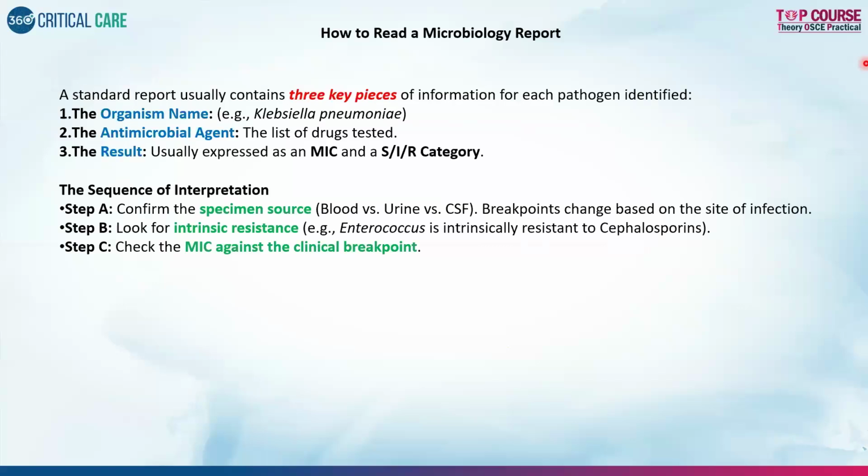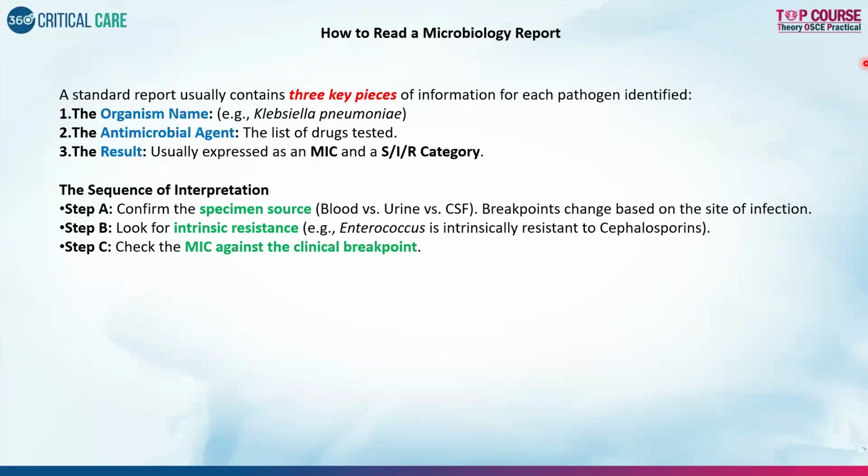Summarizing how to read a culture report: first look at the organism name and from where it is taken, then the list of antibiotics, and check for any resistance patterns in the antimicrobial result. Then look at your breakpoints based on your MIC, and look at the clinical status of the patient and the susceptibility index to decide which antibiotic to start.